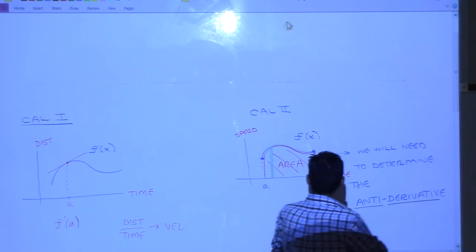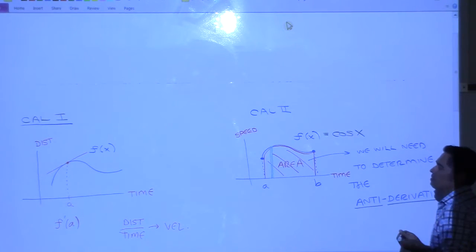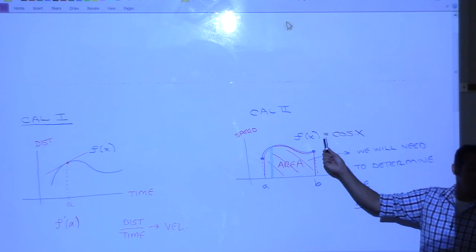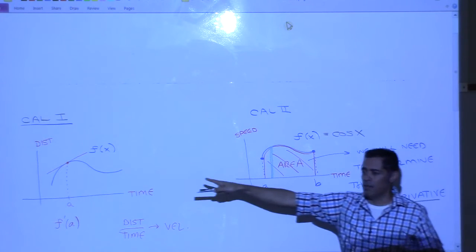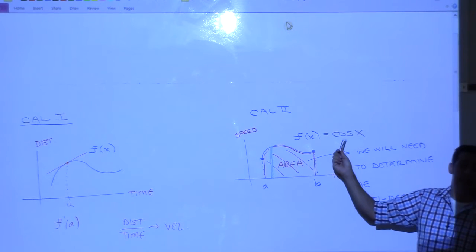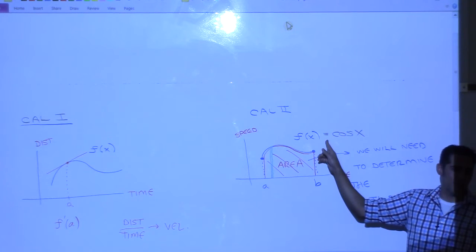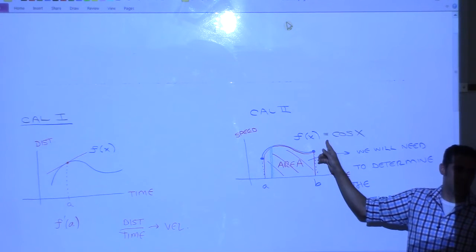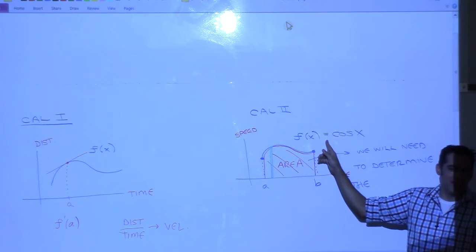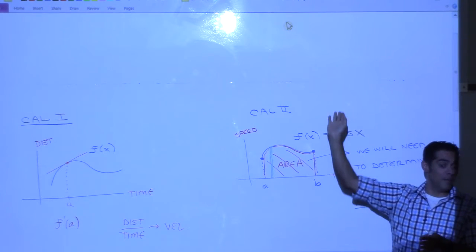So for example, if I just make this cosine x, right? We know the derivative of this. What's the derivative? Cal 1. Derivative of that is negative sine x. That's the derivative, right? But the antiderivative of this would be sine x. Because what you're saying is, act like this is the derivative of something. What is it the derivative of?